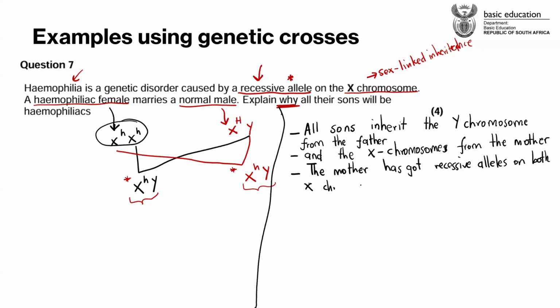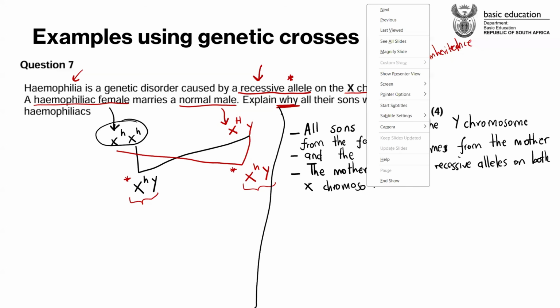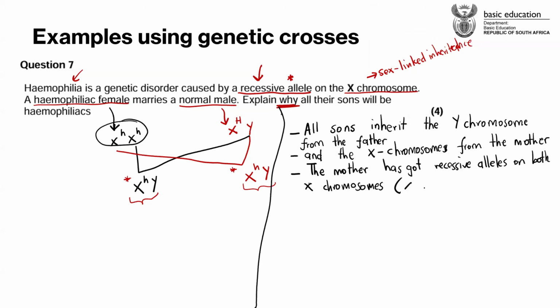And you can even mention the genotype to say it's going to be XhXh, because the mother is a hemophiliac female. So here, the mother being a hemophiliac female, she has recessive alleles on both her X chromosomes.